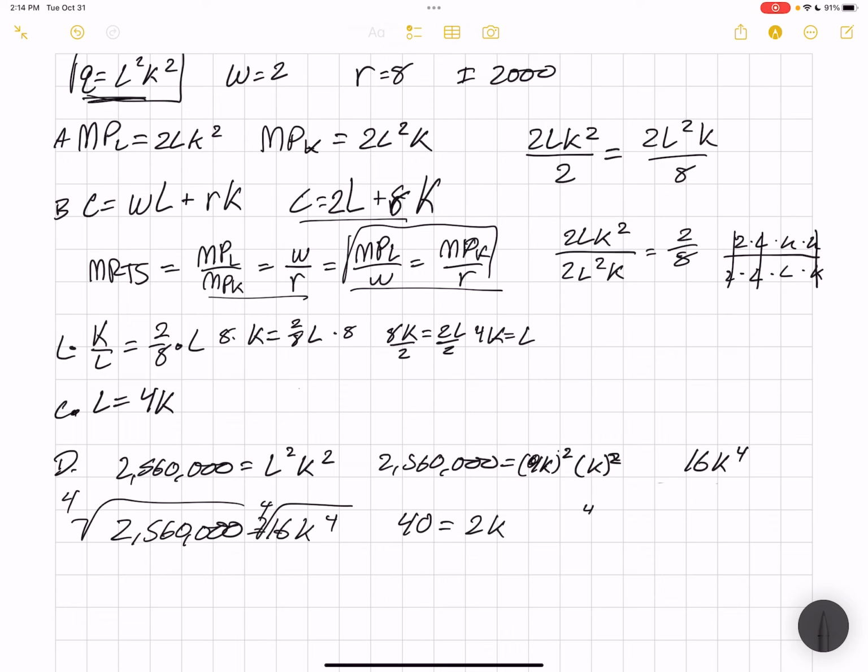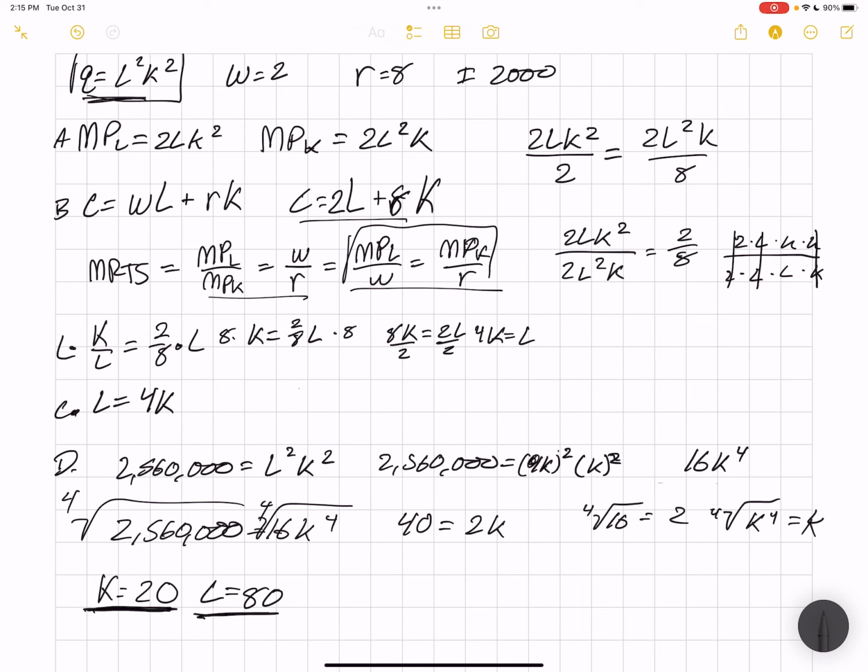The 4th root of 16 equals 2, and the 4th root of K to the 4th equals K. So 40 equals 2K, so K equals 20, and L equals 4K, so L equals 20 times 4, which is 80. So we know to achieve 2,560,000 units of production, we need 20 units of capital and 80 units of labor.